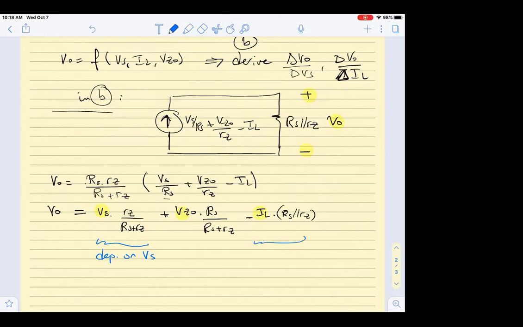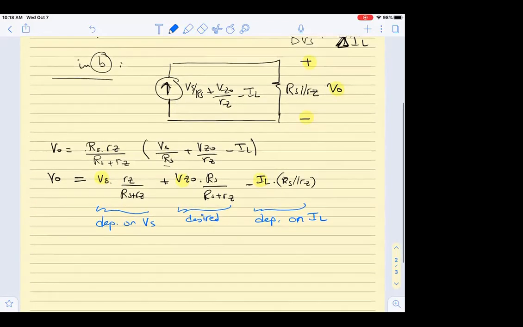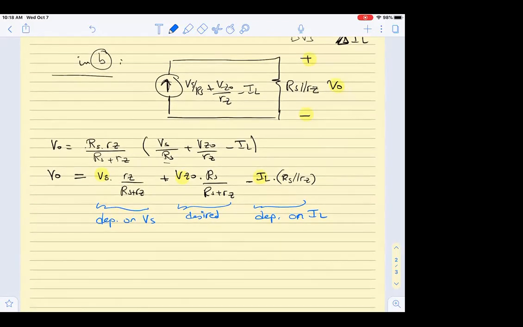This term has dependence on IL, how much the load will change the amount of current that it withdraws. And this term is the desired one because we really want the diode to regulate. I want it to be proportional to VZ0. So this is what I am forcing on the circuit.